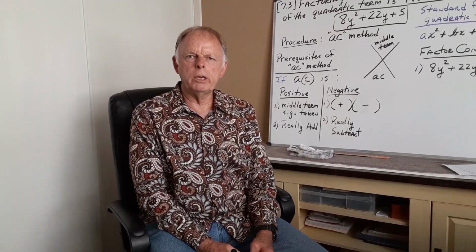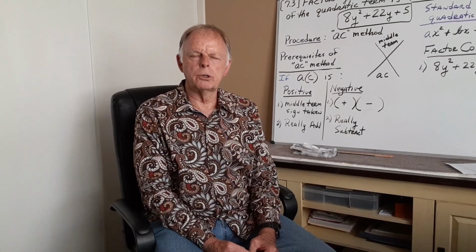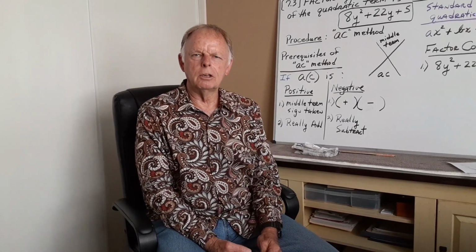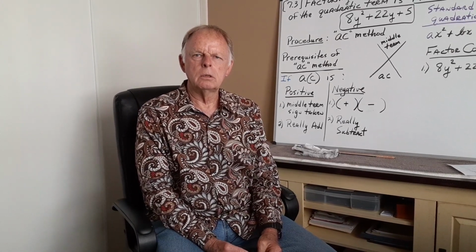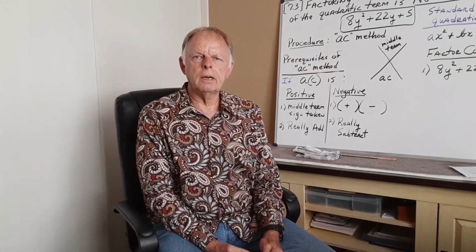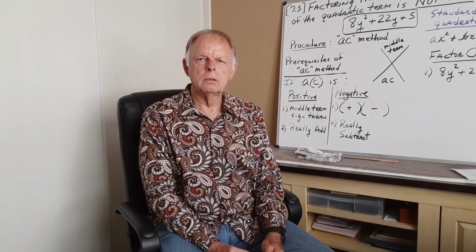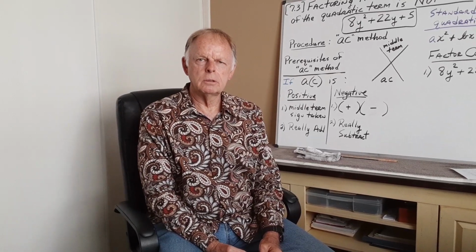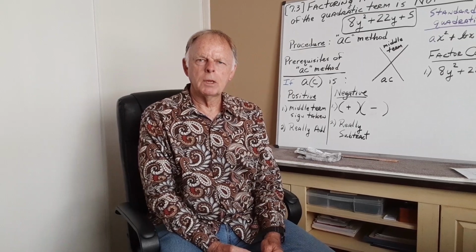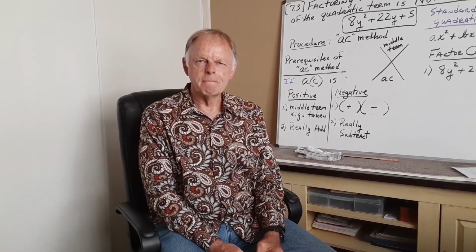And in 7.2, we factored a trinomial where the coefficient of the quadratic term was 1 and the sign of the last term was either positive, which was letter A, or negative, which was letter B.